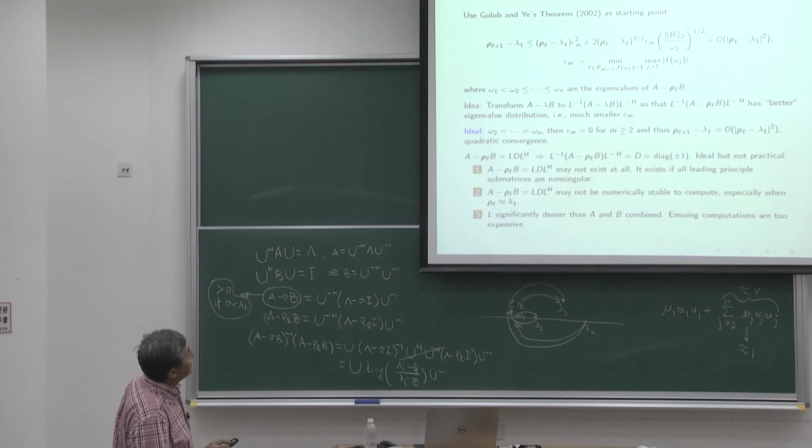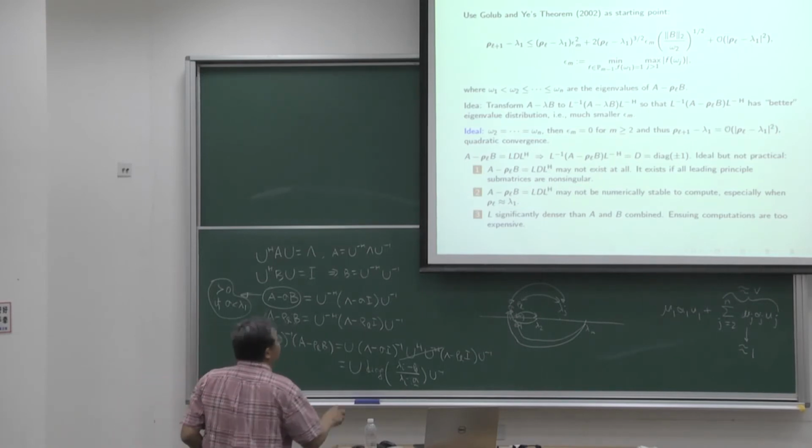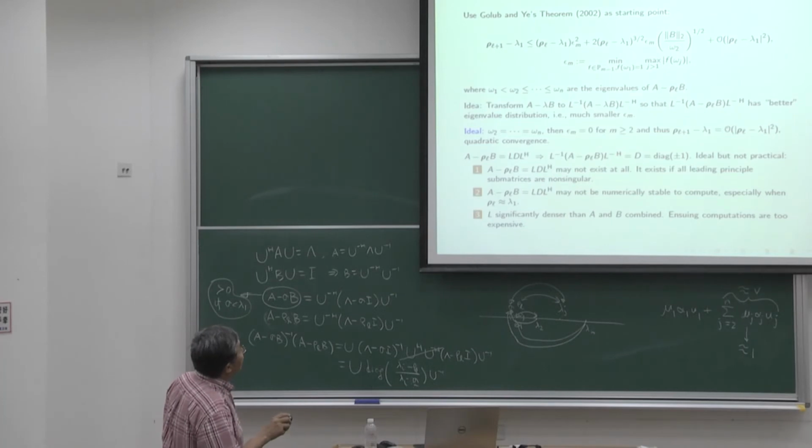Remember this omega 1 is the eigenvalue of A minus rho B. Now, if we do the transformation and apply the method on this matrix pencil, in the end it would depend on the eigenvalues of this matrix.